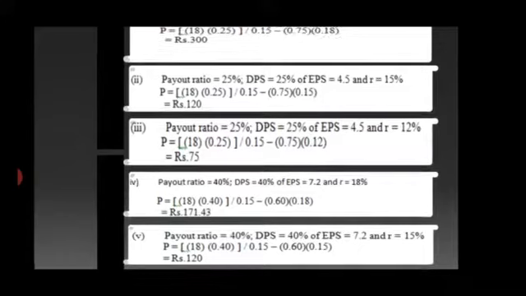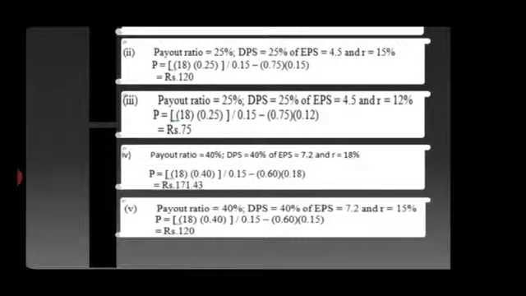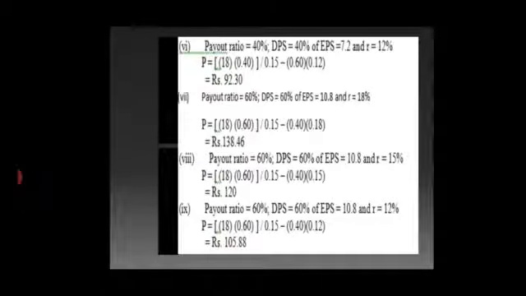How does 75% come? 75% comes because the dividend payout ratio is 25%, so the remaining percentage is nothing but the retention ratio. So once you take payout ratio 25% and R 18, then I have taken payout ratio 25, then R value is 15, and then R value is 12. Fine. So this is the way you have to do the calculation of Gordon model.